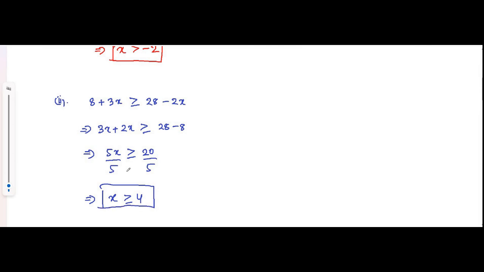Again, as the replacement set is the entire set of real numbers, we'll represent it in this way as we did previously. So the solution set is represented as x such that x is greater than or equal to 4 and x belongs to the set of real numbers. Okay, so this is the solution.